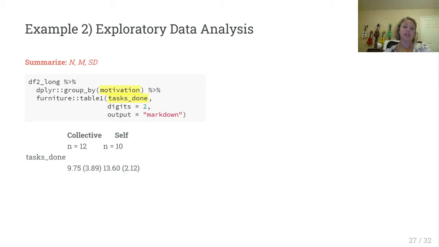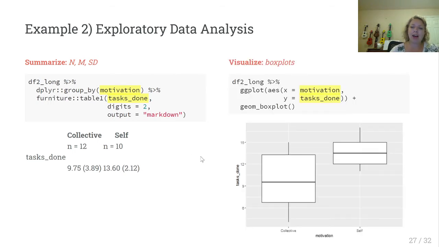I also want to point out the spreads. In the collective motivation group, the spread was almost 4 versus in the self group, it was just over 2. Do these two groups have the same spread? Maybe not. Let's make a plot. Visually, it's a lot easier to assess with a plot.